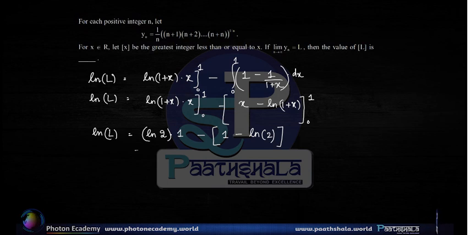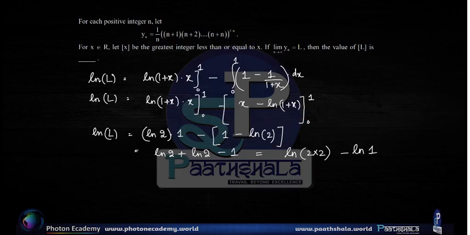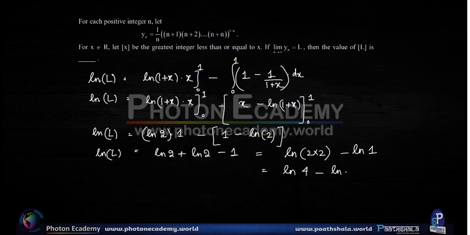So this is equal to ln 2 plus ln 2 minus 1, which is ln 2 into 2 minus 1, which is ln 4 minus ln e, since 1 is ln e.